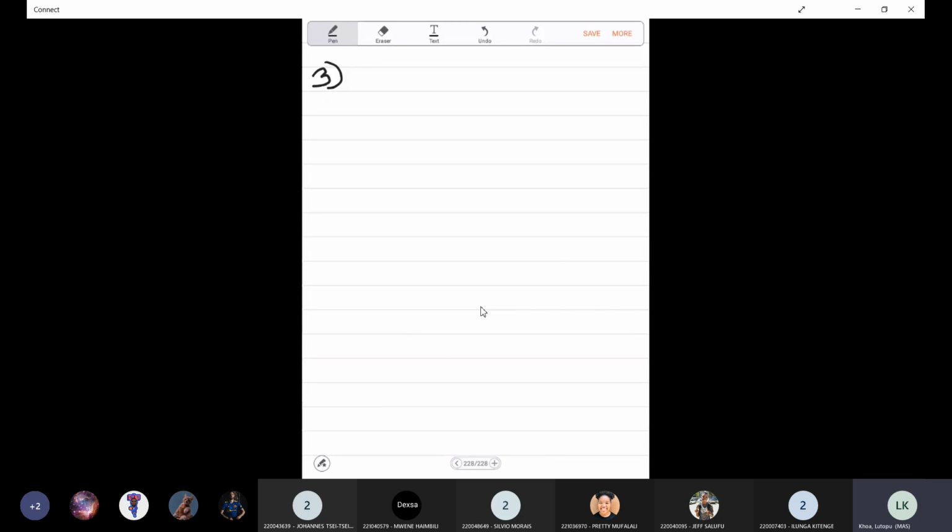Okay, for number 3, this one is f prime of x sech squared of f(x) dx. So here, this is just tanh of f(x) plus c.